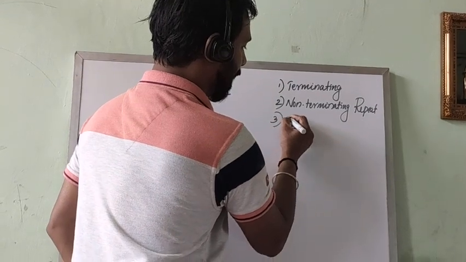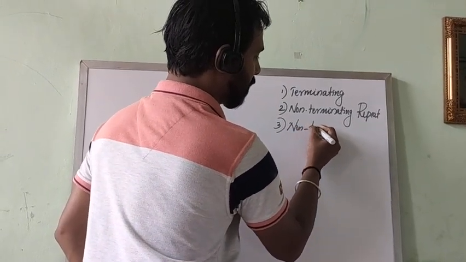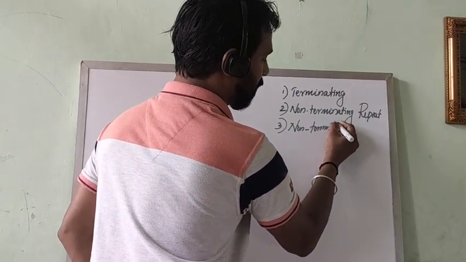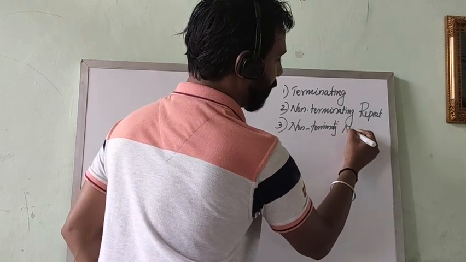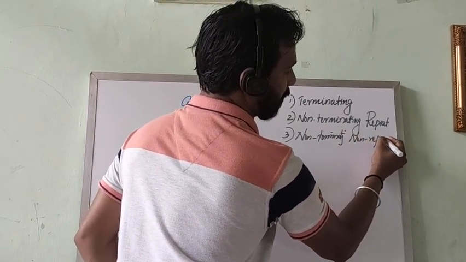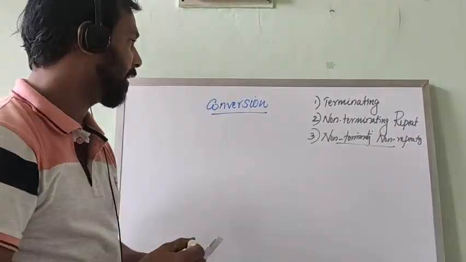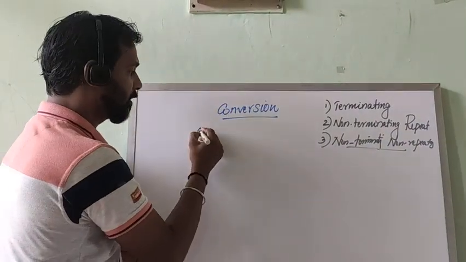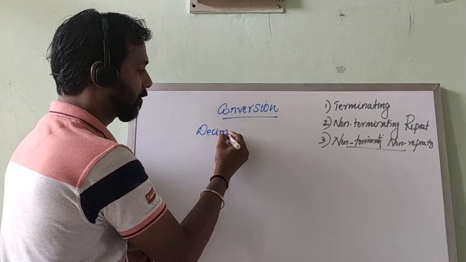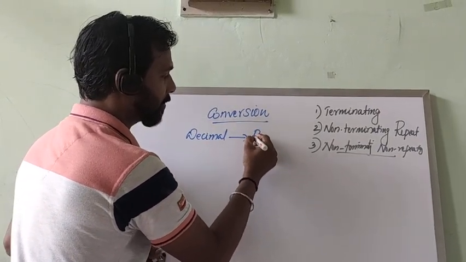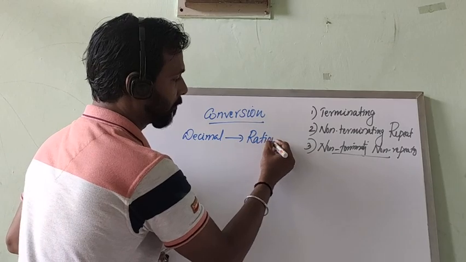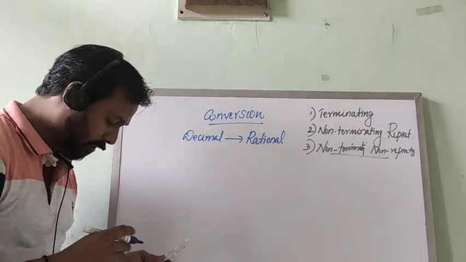Third one, again, is non-terminating and non-repeating, right? What we are going to learn today is how to convert a decimal into a rational. How to convert a decimal into rational.